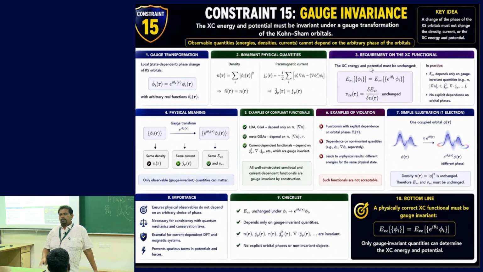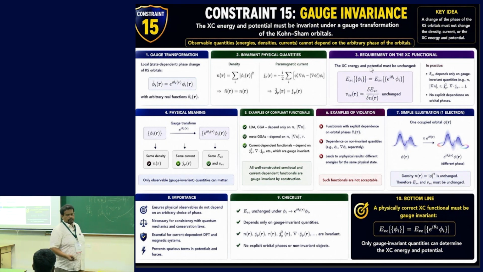The functional should remain gauge invariant. I can have many wave functions giving the same density. Another way of looking at the gauge invariance is variationally, and that will have the constrained search formalism of Levy-Lieb.